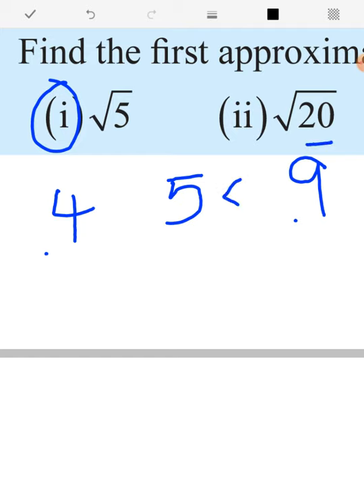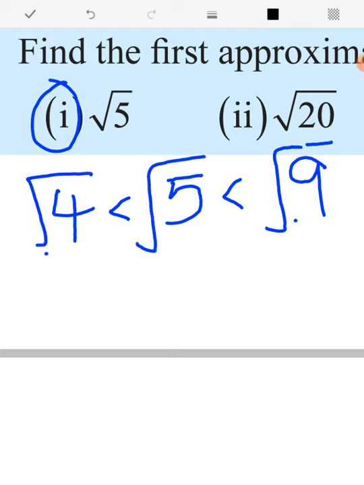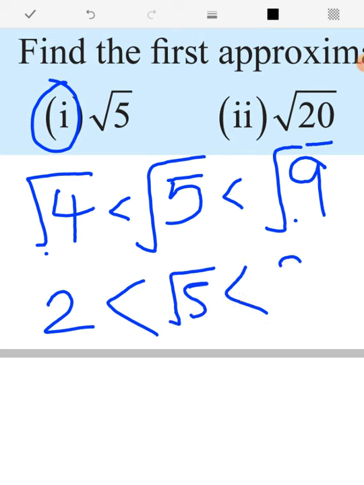So we can write this symbol. When you take the square root of each, you would get 2 here, square root of 5, 3. So the square root of 5 is in between 2 and 3.